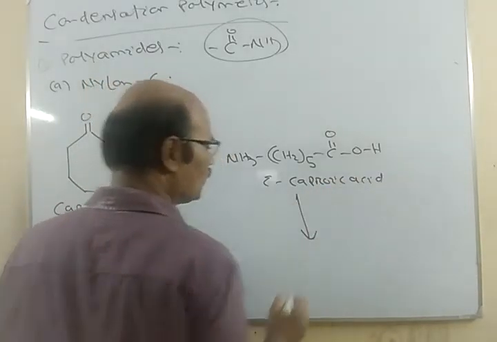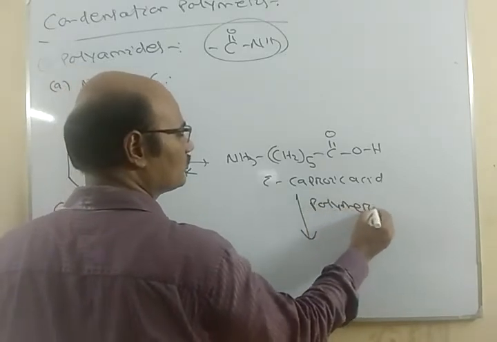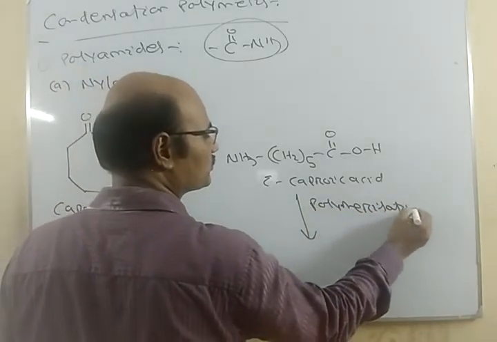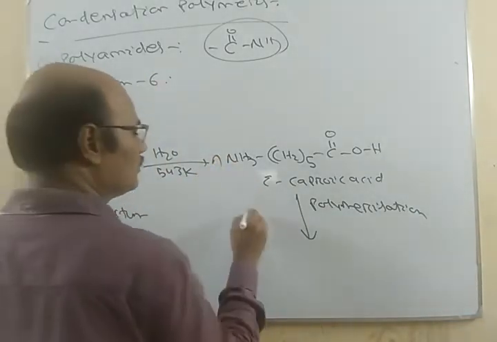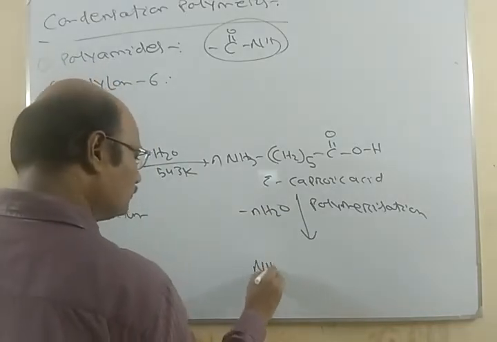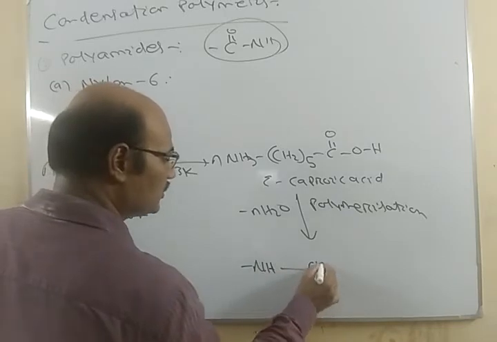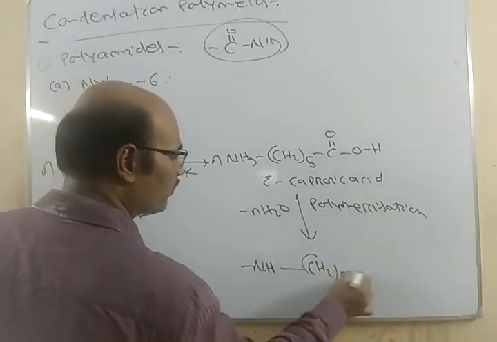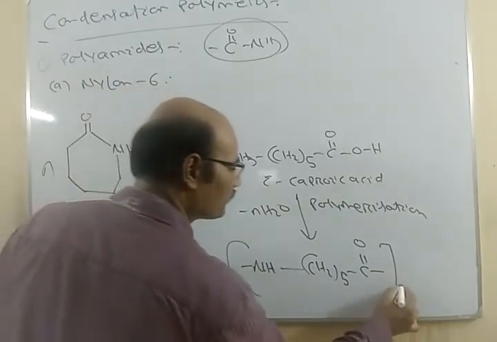And this on polymerization, n molecules here, minus n water, you get NH (CH2)5 C double bond O, n.